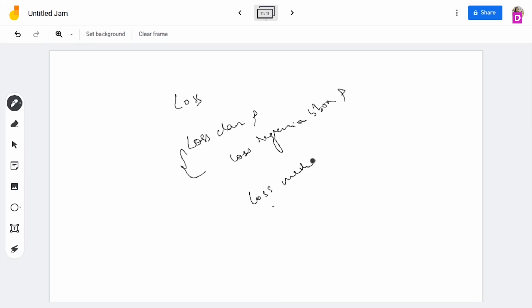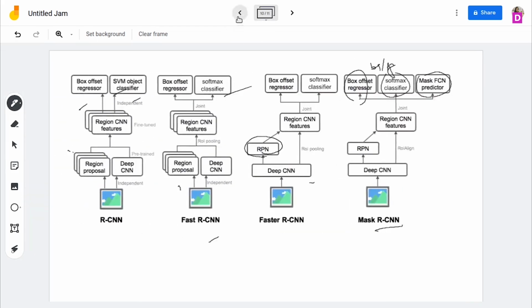The final loss, the mask loss, is basically a log loss. You have the actual value yi and then log yi hat, and this goes on for all the classes with a summation. So this is basically the loss of Mask RCNN.